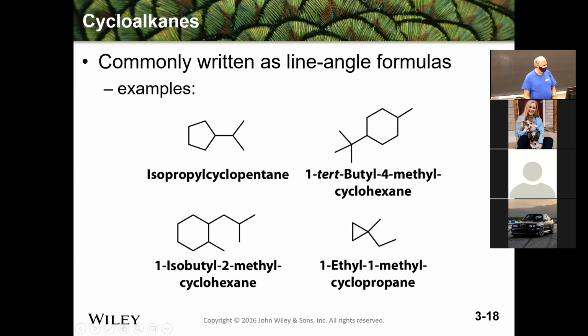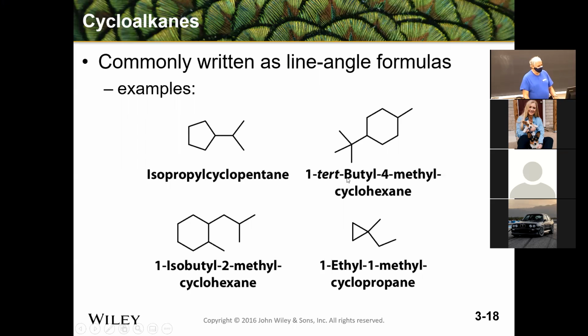For a monosubstituted cycloalkane, we don't need a number, as is the case with isopropylcyclopentane. If we have a di or tri or more substituted cycloalkane, we want to use the lowest set of numbers, and we want to alphabetize.